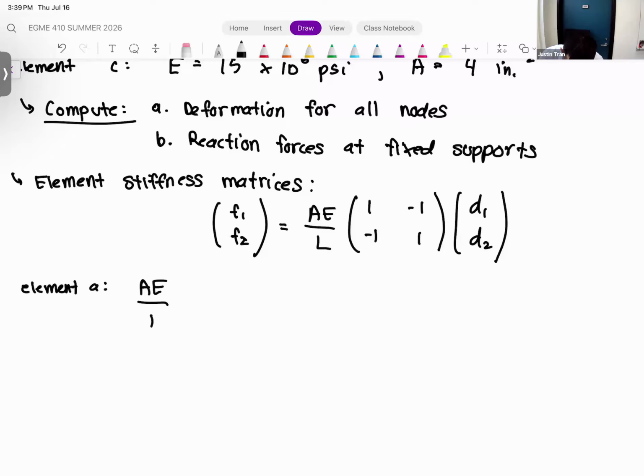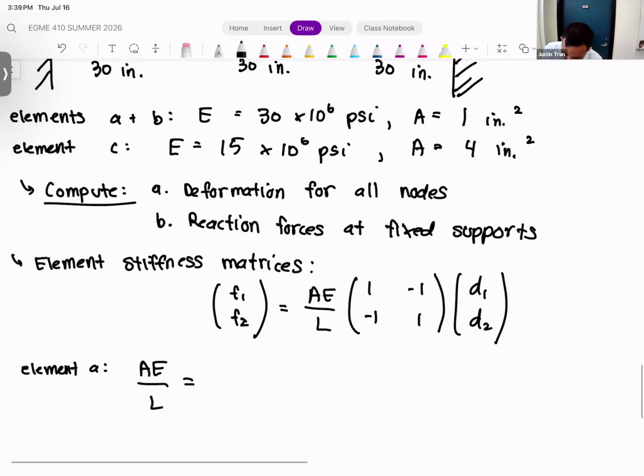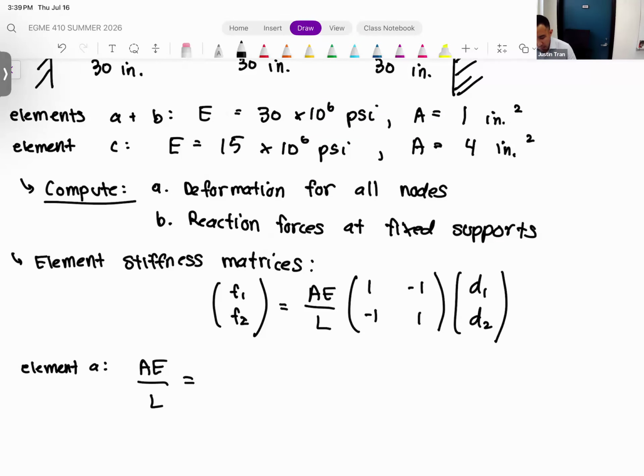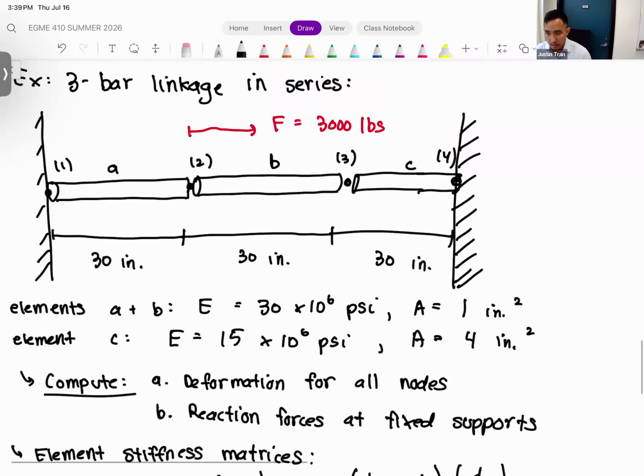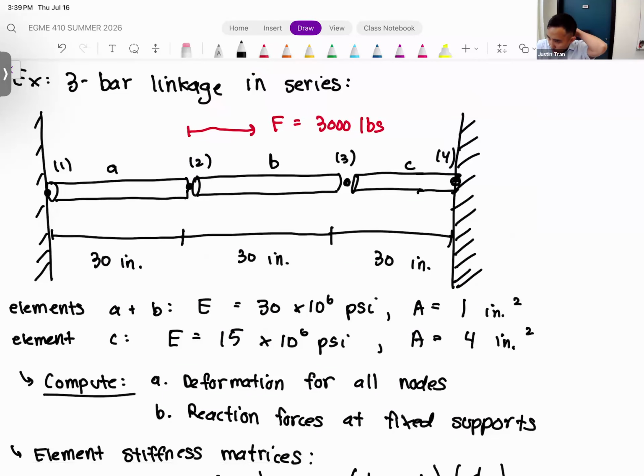So the product AE divided by L for element A, let's go ahead and compute that. A for element A, the cross-sectional area, is 1 inch squared. The Young's modulus is 30 times 10 to the 6 psi, and our length is 30 inches. Now you always have to be careful with English units because you have to hope that all of your units are consistent with each other.